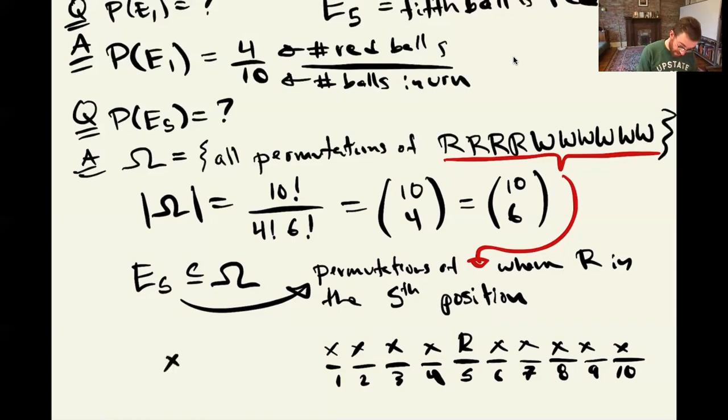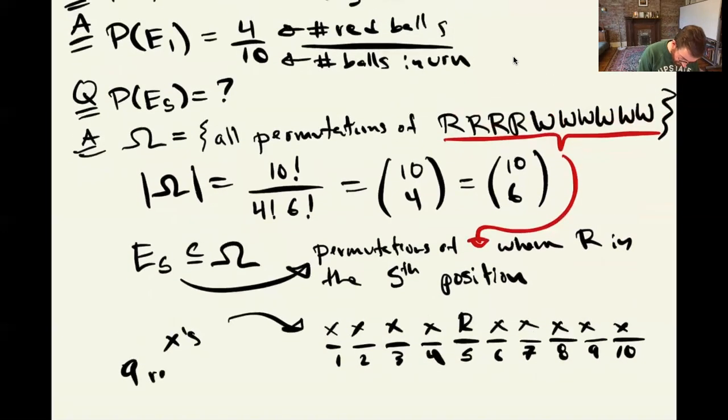So here these X's correspond to the 9 remaining balls, with, well, we've used one of the reds. So now there's 3 reds and 6 white balls.